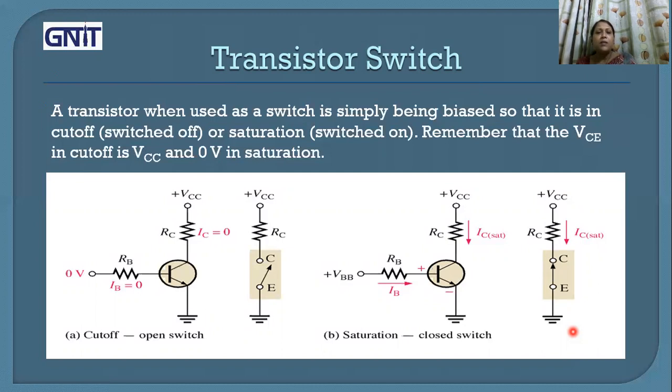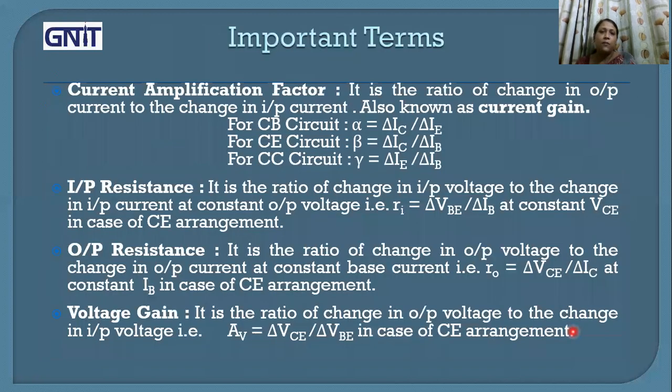So VCE is 0 volt in saturation, and in cutoff, it is VCC. When the output voltage is VCC, it is cutoff, and when the output voltage is 0 volt, the transistor is in saturation.